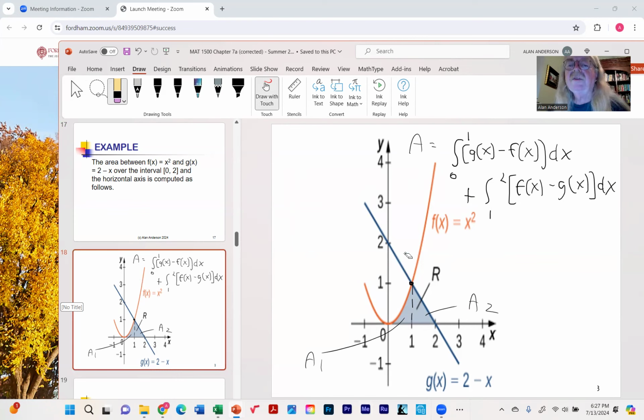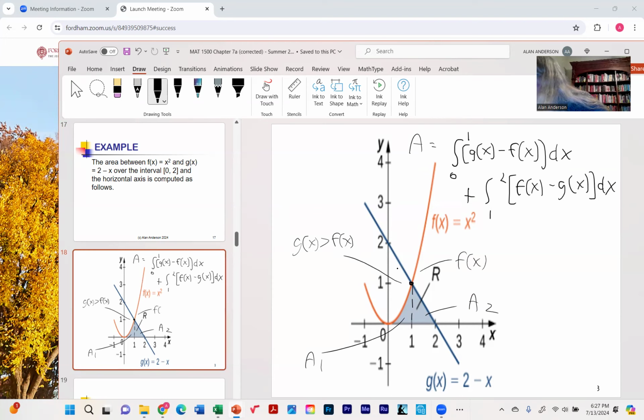Wait a minute. Oh, no, I'm sorry. Blue is g of x. I keep getting the two colors backwards. So see, in this range, all right, hold on. This helps. And then here, f of x is above. There we go. Now, it turns out this is A1. Okay, great. And this is A2. All right, now we got that straight.